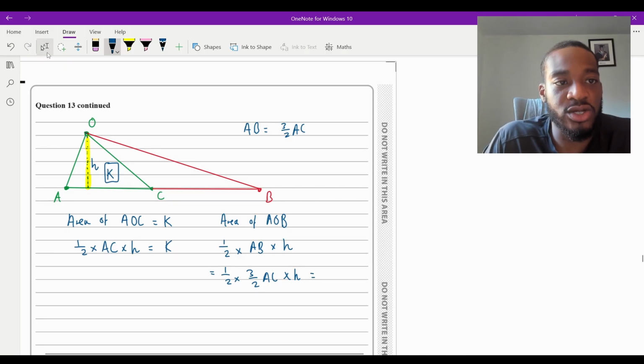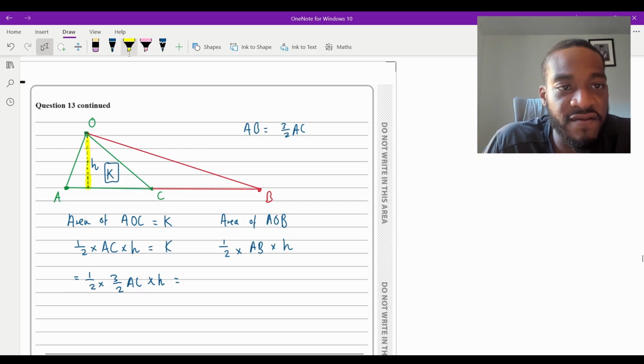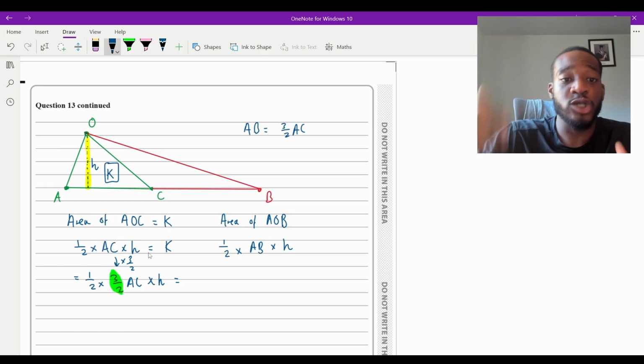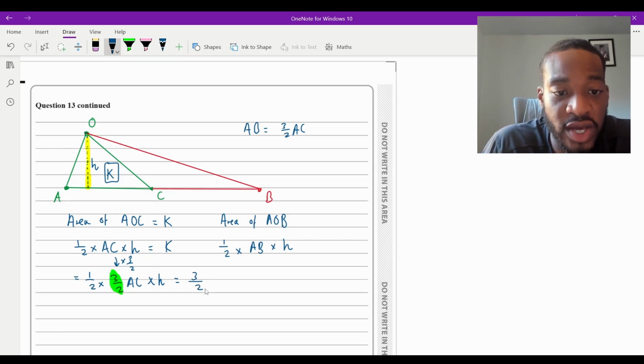Now, if I compare these two, let me put these underneath each other actually so it's super clear. Like that. If I compare these two right here, the only difference is that one of them has a multiply of 3/2. It's just the exact same thing, right? So therefore, the area of AOB, the larger triangle, is going to be 3/2 K, isn't it?